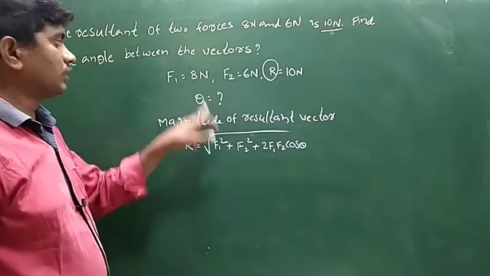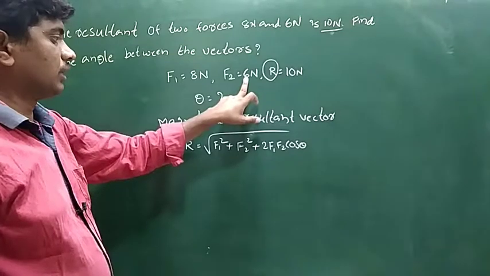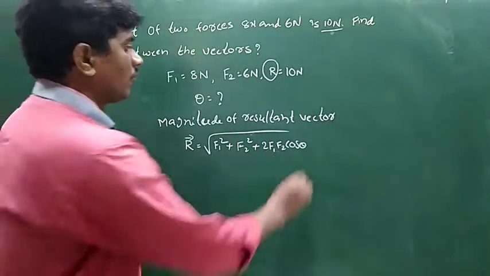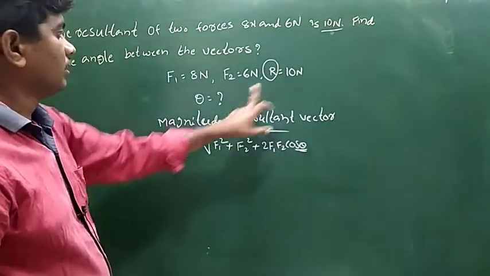Okay. F1 is equal to 8 newtons, F2 is equal to 6 newtons, to find the theta angle, and R equal to 10 newtons.